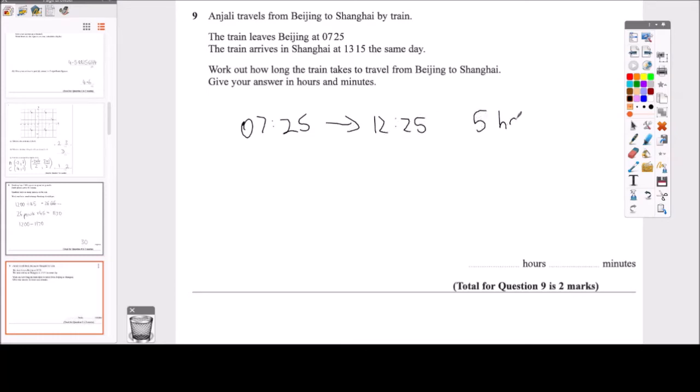So just check that on your fingers. All right, 7, 8, 9, 10, 11, 12:25. Now, going from 12:25 to 13:15, that is 50 minutes. Okay, it's 10 minutes short of being another whole hour. So the answer is 5 hours, 50 minutes.